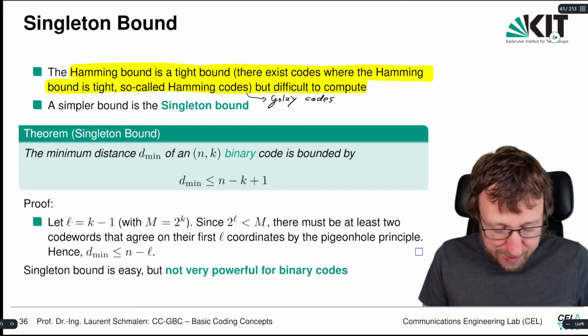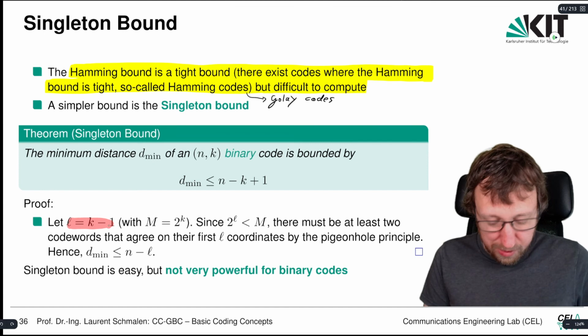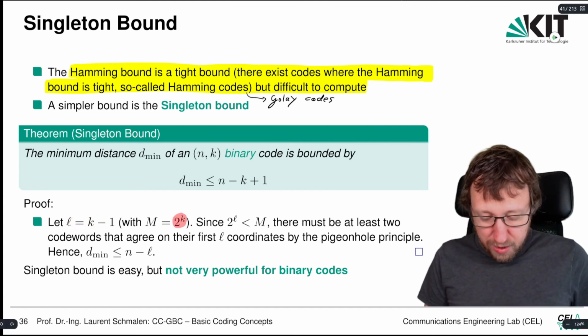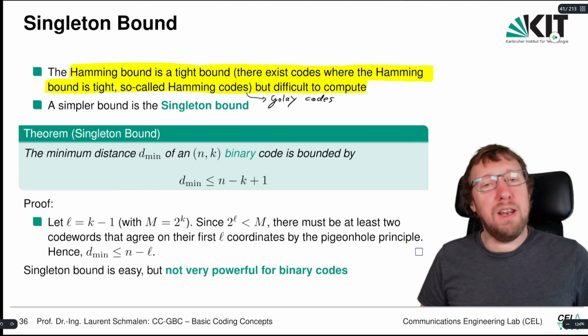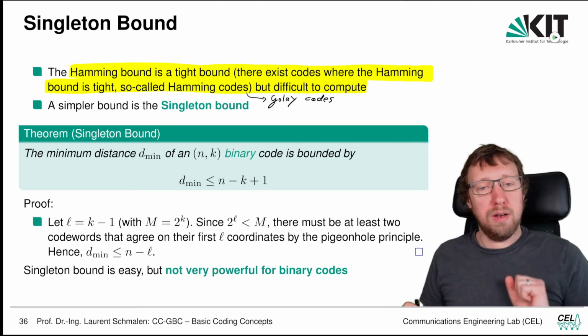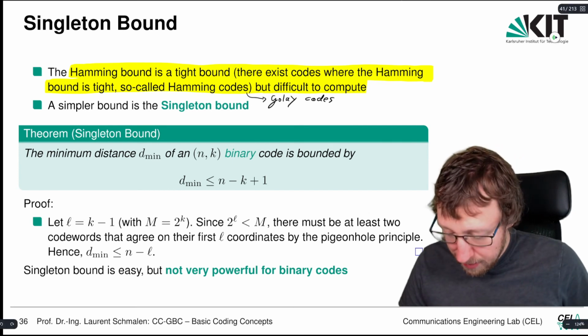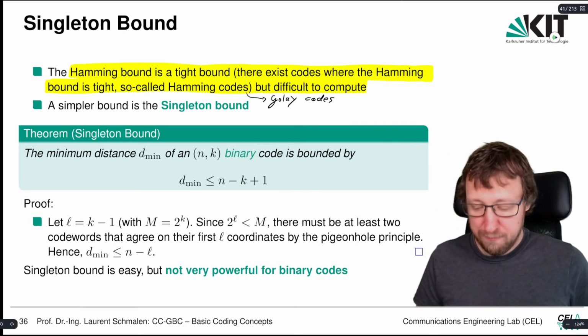So first we say L is equal to k minus 1. So we have 2^k code words. And now what we do is we write down the code words below each other, and we're looking at the first L positions.